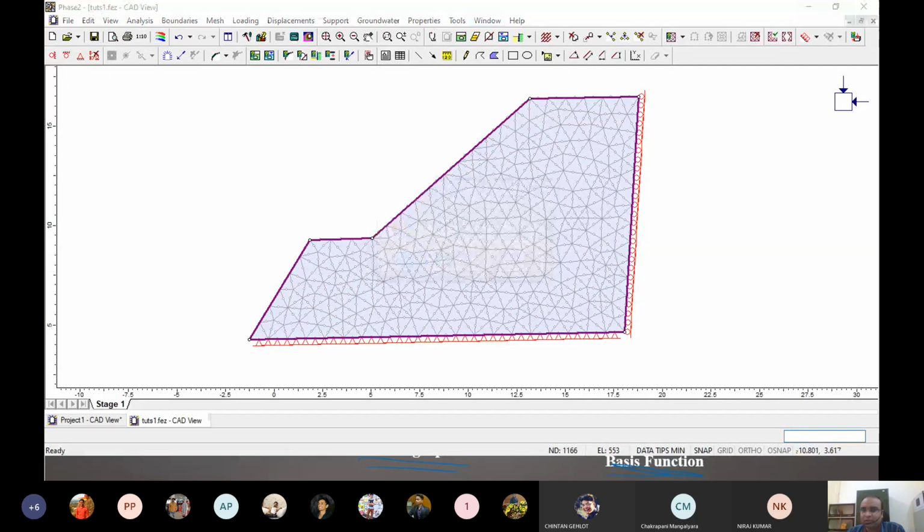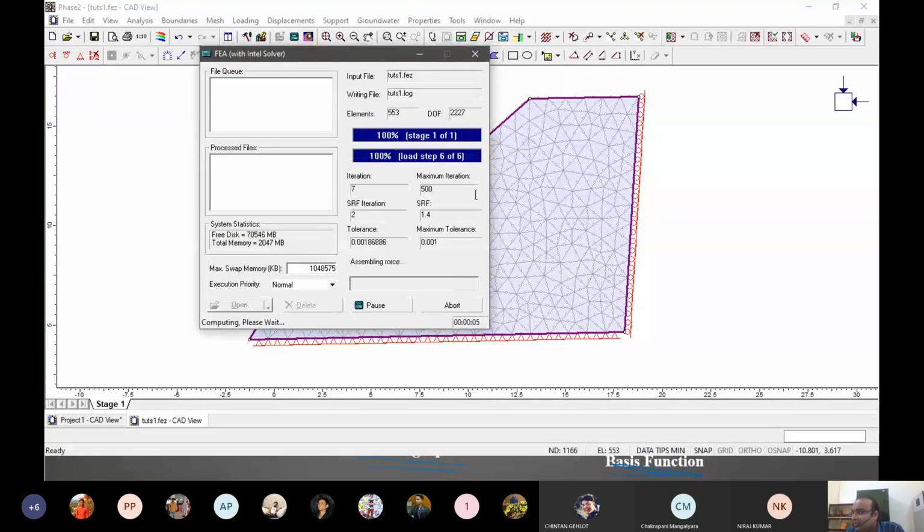Right. So what it will do is keep on reducing the strength by this factor till the material starts failing or the tolerance reaches this limit. All these calculations are done, and on the basis of that, finally some factor will be there for this slope beyond which the material fails.